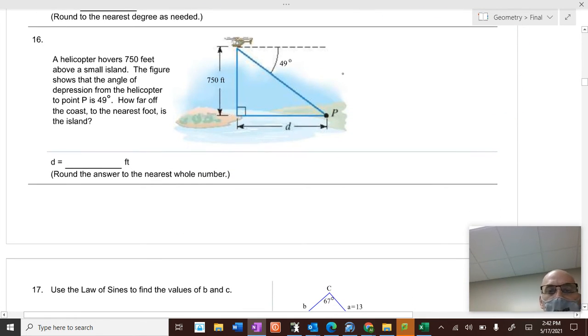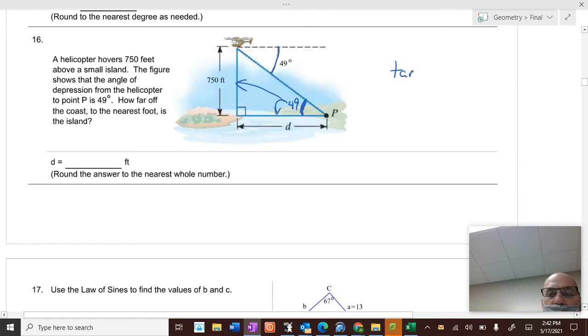Okay, here the angle of depression is 49, but we don't have any numbers over here. This 49-degree angle of depression matches this angle of elevation, which is 49. So now we have numbers involved. So 49, we have opposite, adjacent. Opposite adjacent is tangent. So the tangent of my 49-degree angle is 750 over d.